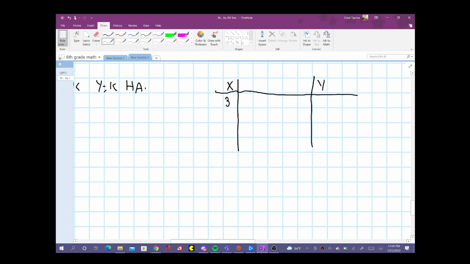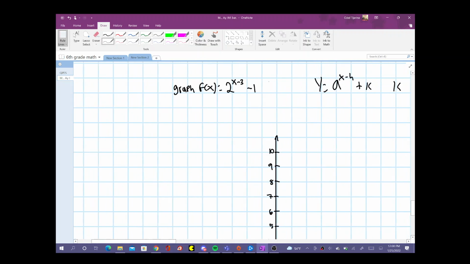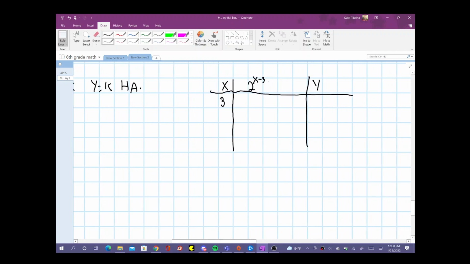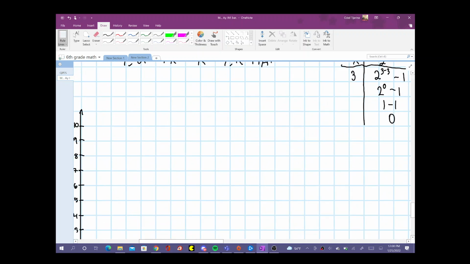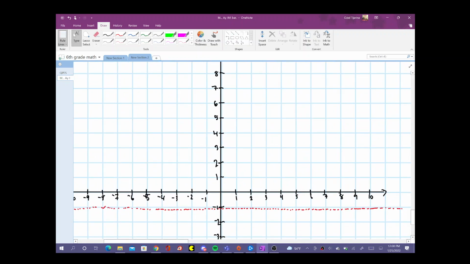When x equals 3, we have 2^(x-3) - 1, so 2 raised to the 3 minus 3 power, and then minus 1. This will give me 2^0 - 1, which is 1 minus 1, which is equal to 0. So we know that it will have an x-intercept at (3, 0). Right, so that's one of my points.